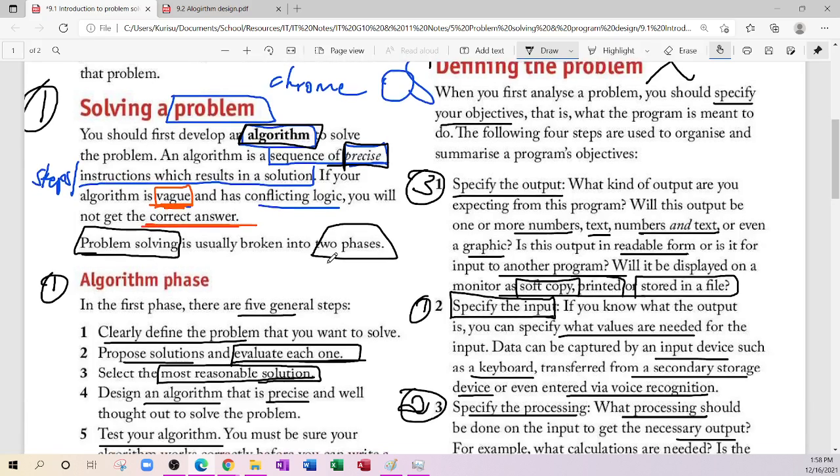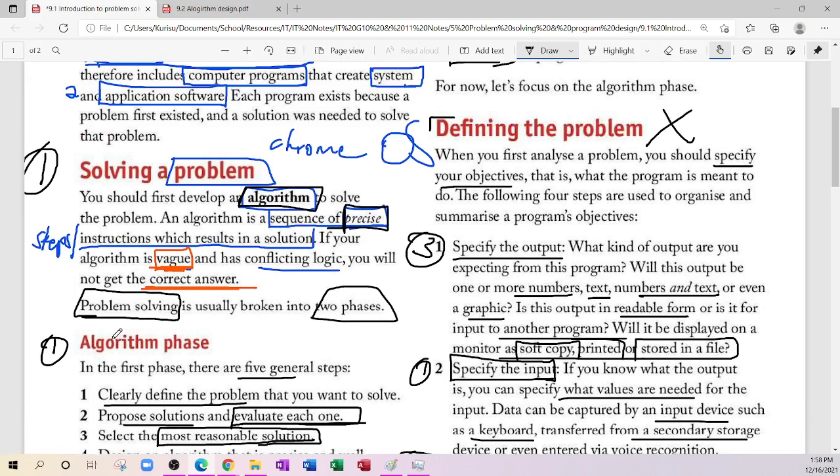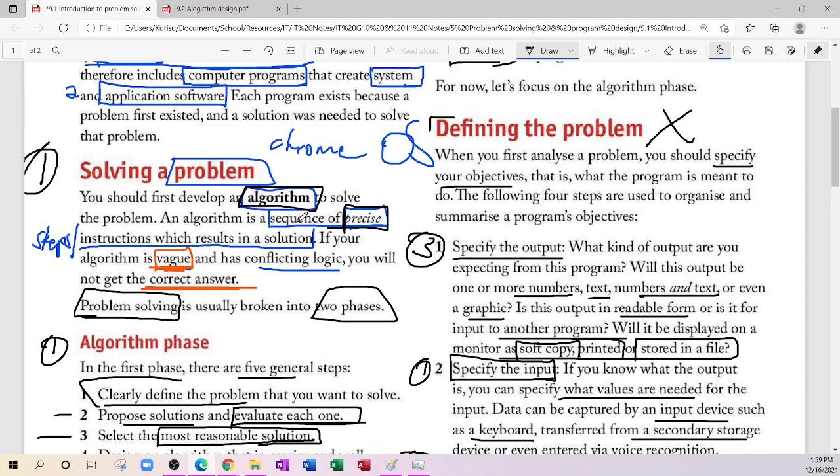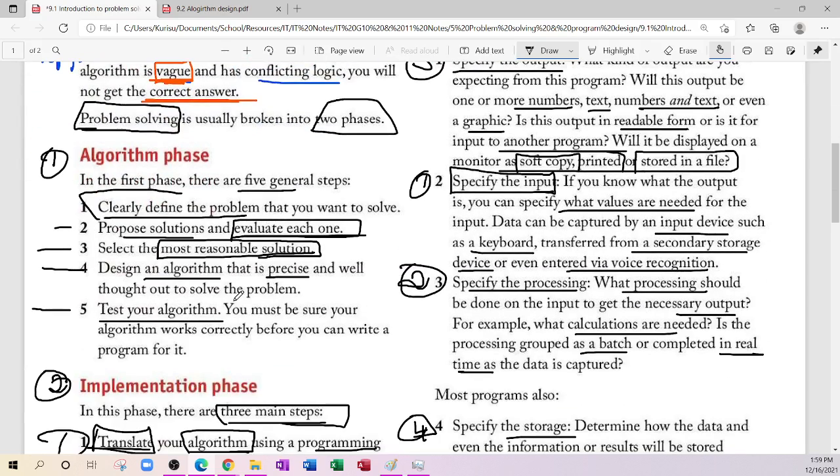You have to start with the algorithm phase, and the algorithm phase is to clearly define the problem, propose solutions, evaluate each solution, pick the most reasonable solution, design the algorithm, we learn what is the algorithm, and then test your algorithm. Later we're going to learn how do you test your algorithm.